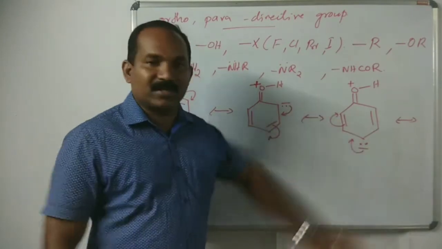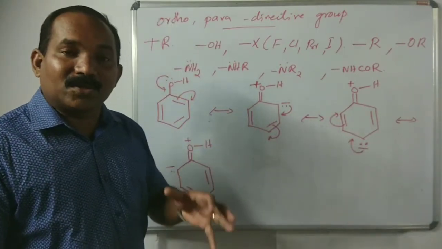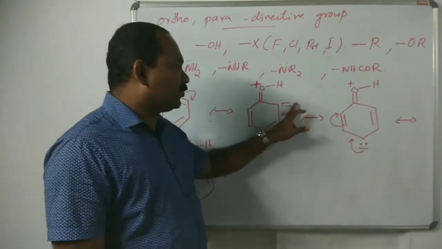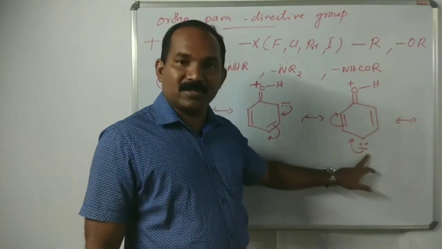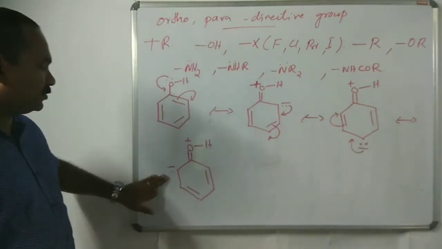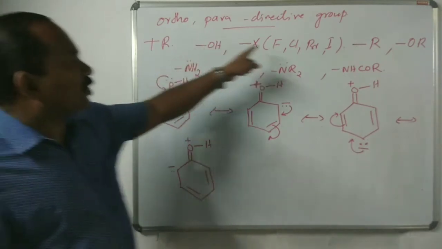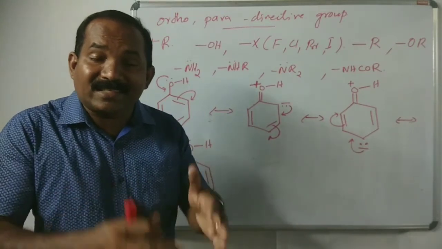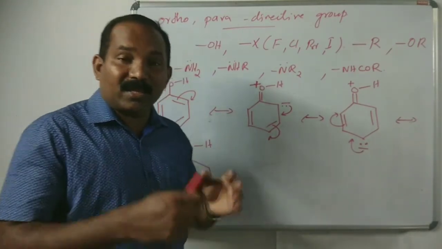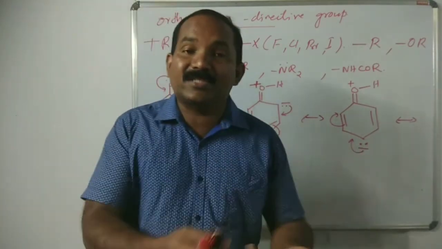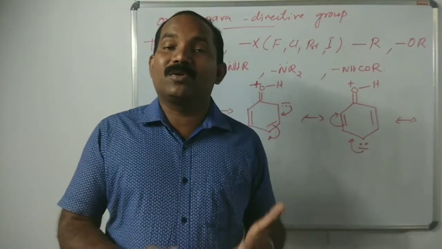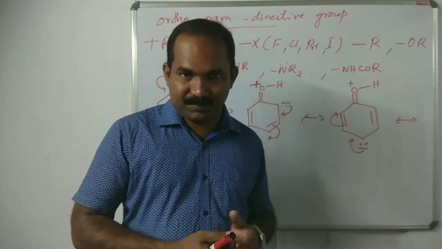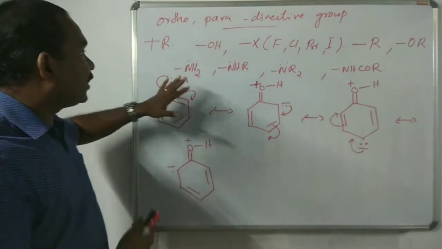Look at the resonance structures: the electron density accumulates at the ortho position, the para position, and again the ortho position. So these groups are ortho-para directive groups. The incoming electrophile easily attaches to either the ortho or para position, so we get ortho-para products. Are you clear? Yes, it's very important.